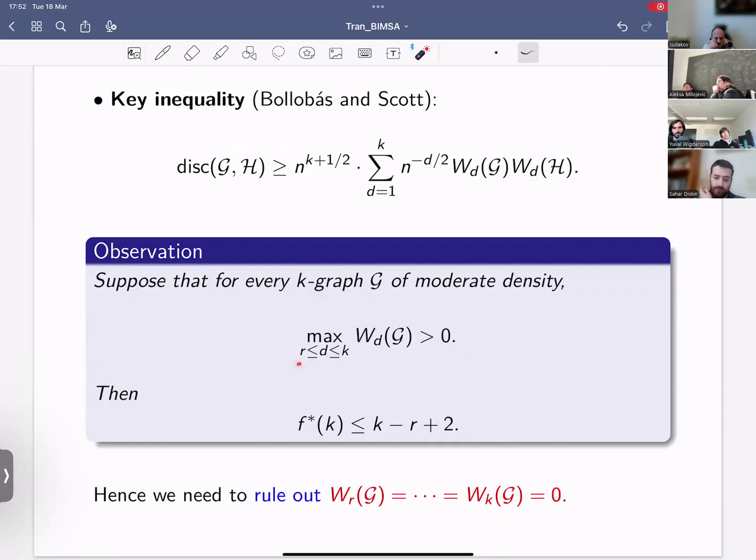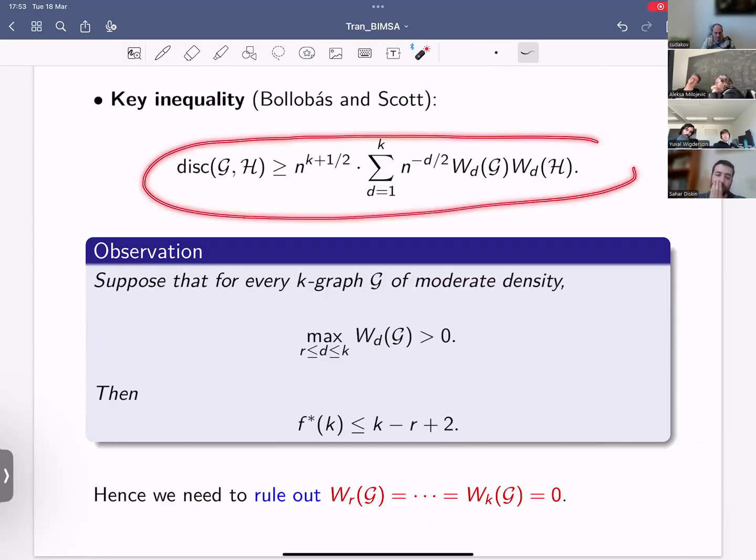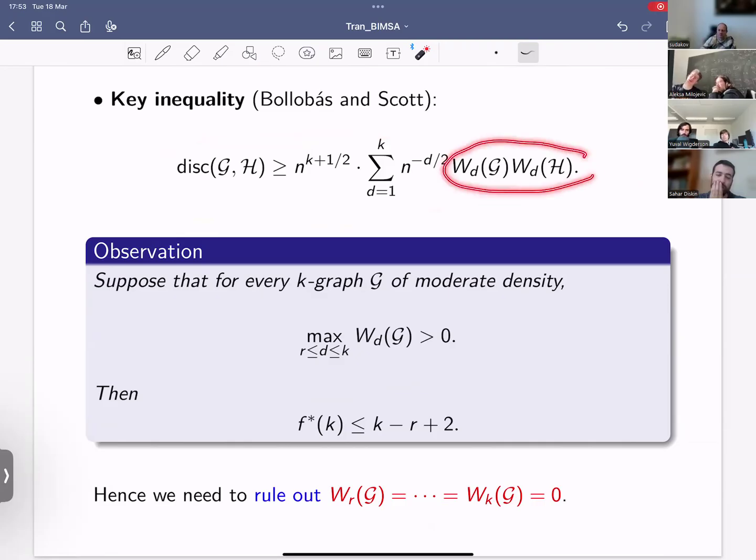Because from r to k, we have k minus r plus 1 coordinates. So if we have k minus r plus 2 hypergraphs, then we can find a D such that the corresponding WD of the two hypergraphs are both positive. And so by this inequality, if WD of G and WD of S are both positive, then the discrepancy is positive.